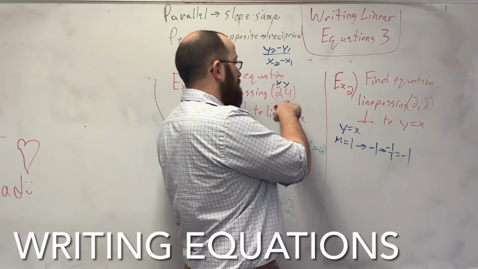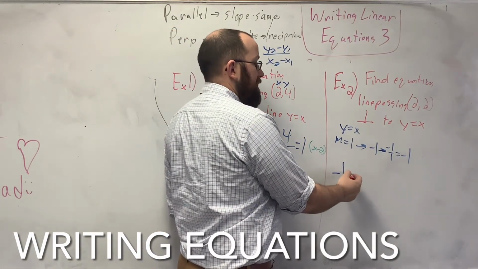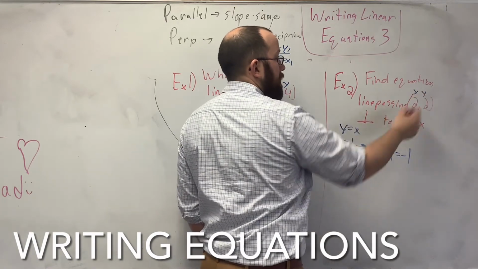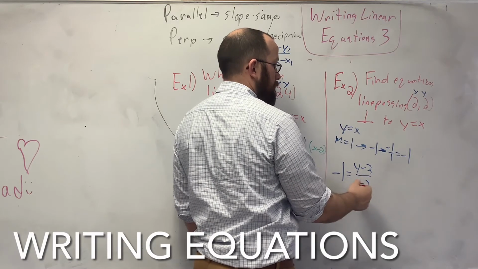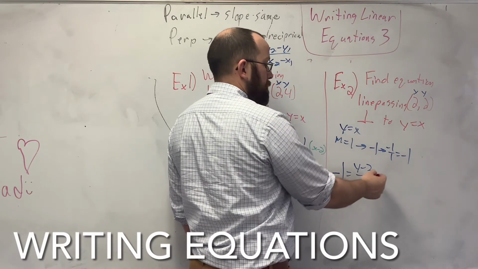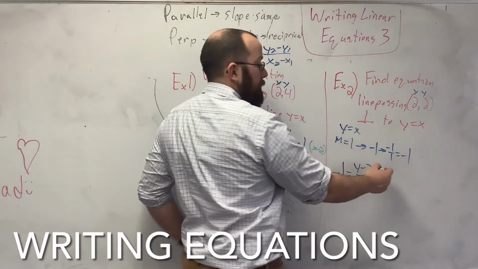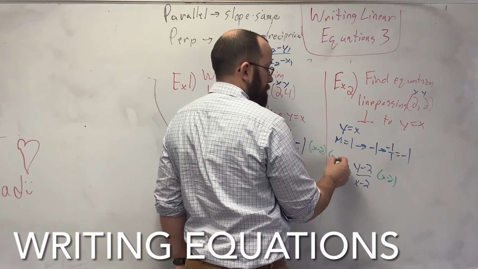Now we're going to do the same exact thing we did here with the point. So we know our slope is negative 1, and then y minus 2 over x minus 2. Multiply both sides by the bottom, x minus 2.